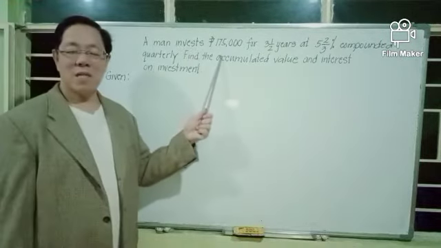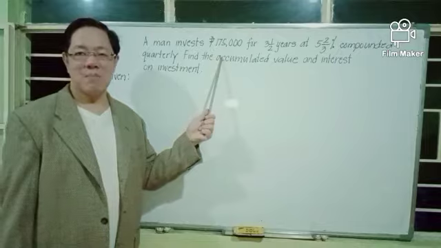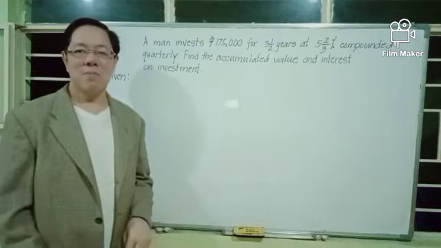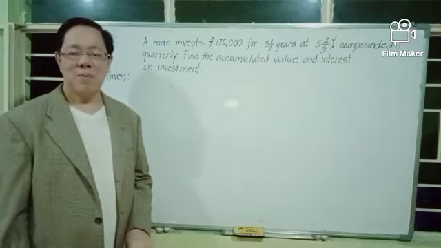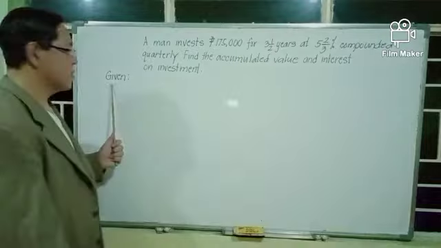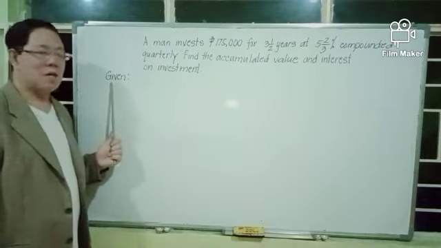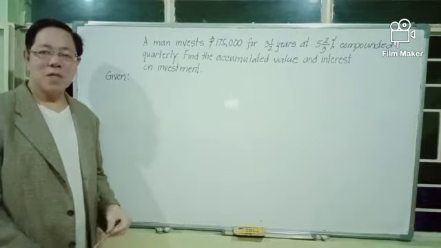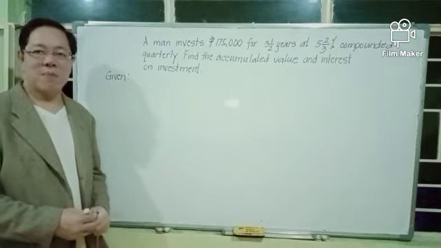The amount of investment, 175,000 pesos, is the principal, denoted by capital P. Before proceeding with the solution of the problem, you write the given information, and you start with 175,000 pesos, denoted by P for principal.